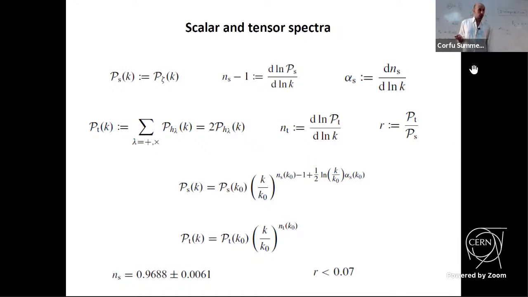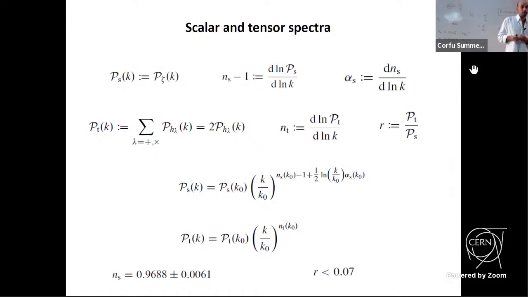What do we observe? We observe a scalar spectrum which is very close to the Harrison-Zeldovich spectrum, but significantly deviating from it. It's 0.9697 plus or minus some error bar, which is small enough to state that. So I'm stating statistical things correctly. But it is significantly different from Harrison's spectrum.